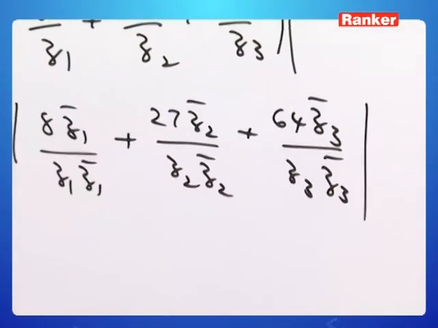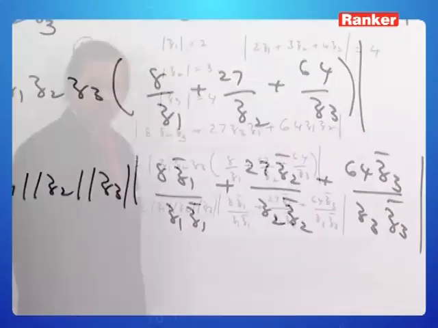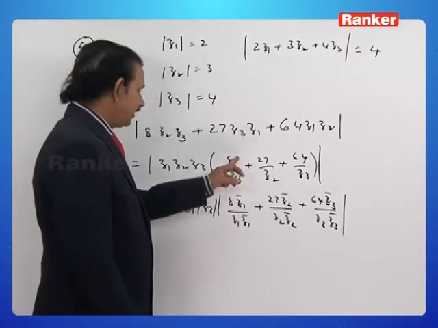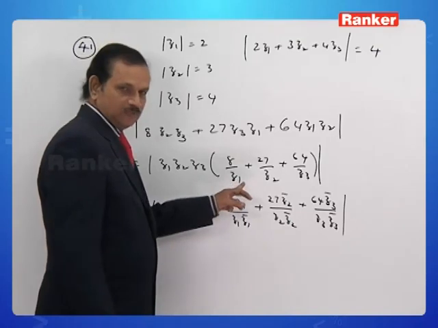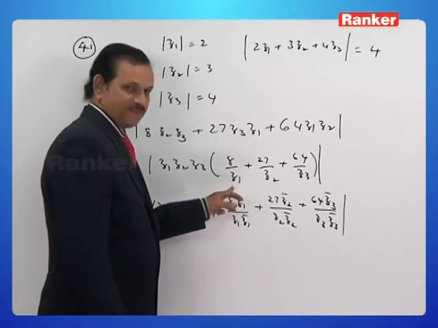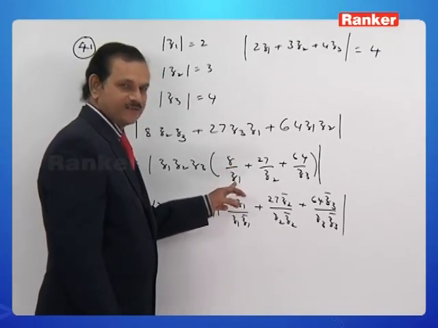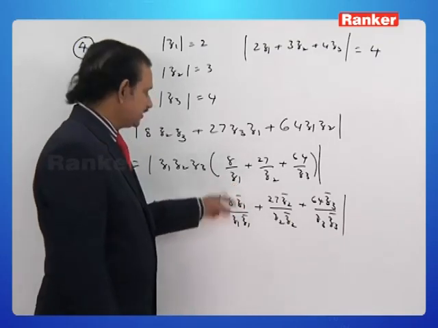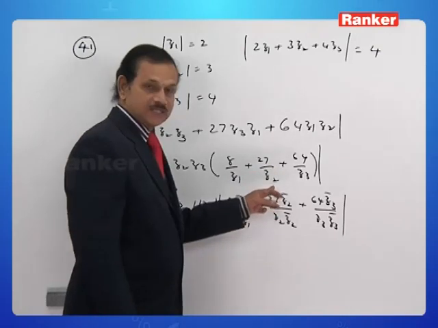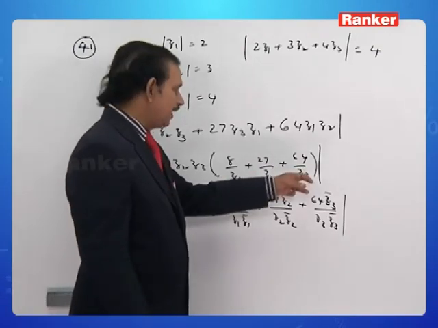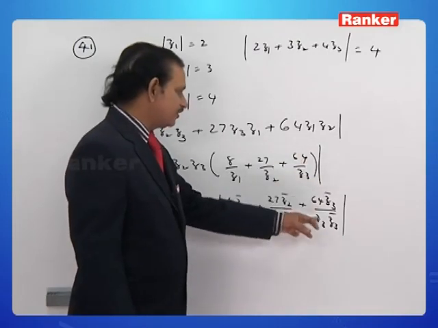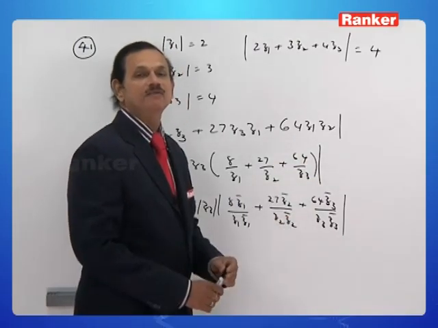You can easily recognize the step I followed here. Here you have 1 by Z1. I have multiplied just this fraction, in both numerator and denominator, with the conjugate of Z1, that is Z1 bar. Similarly this with Z2 bar, the complex conjugate of Z2, and here the complex conjugate of Z3, that is Z3 bar.